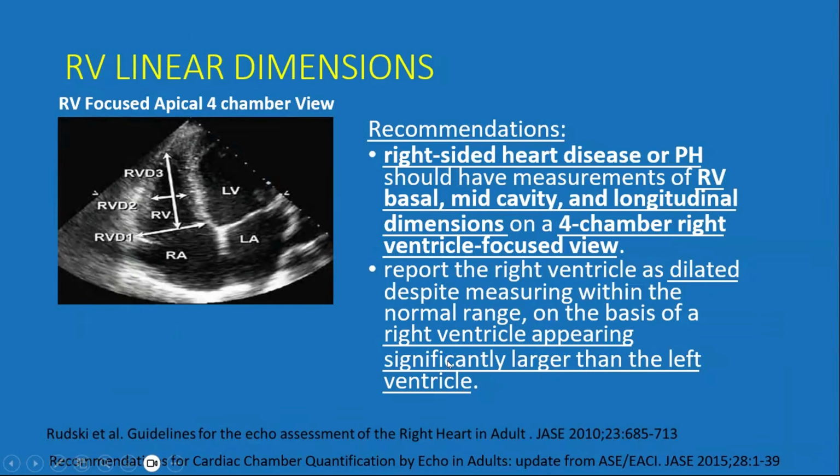If the right ventricle appears significantly larger than the left ventricle, it should be reported as dilated. But remember, make an RV-focused view. And that holds true for measuring the RV functions also, like TAPSE and RV S' TDI.